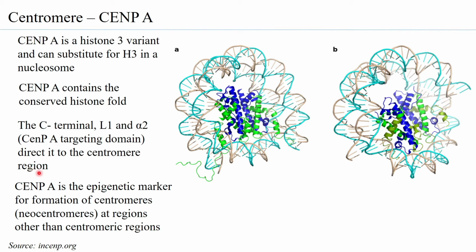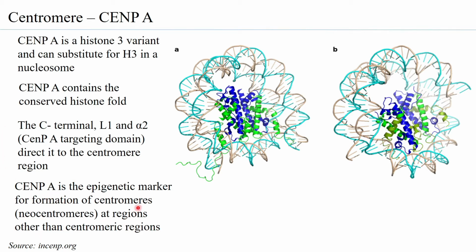So, another interesting factor is that CENP-A is the epigenetic marker for formation of centromeres. I just mentioned to you that you can have centromeres formed at regions other than the centromeric region. So, suppose at another position of the chromosome, instead of H3, you substitute the H3 with CENP-A, then there is a possibility that you would have the entire centromere chromatin and kinetochore being assembled at regions where you have the nucleosome core particle having CENP-A.